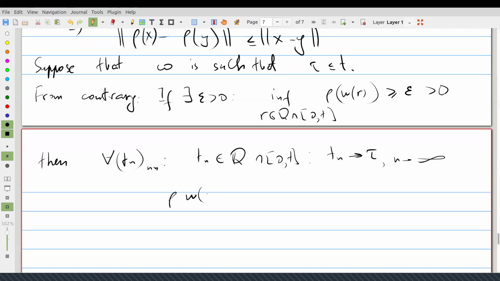On one side, we have that this is a limit of this, which is greater than epsilon, but this should be 0. So we have a contradiction. It cannot happen.